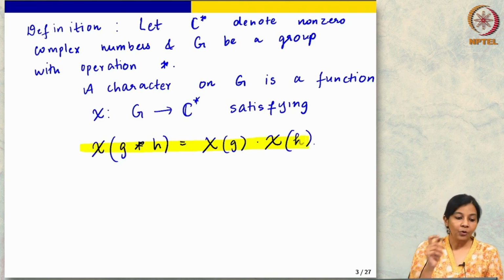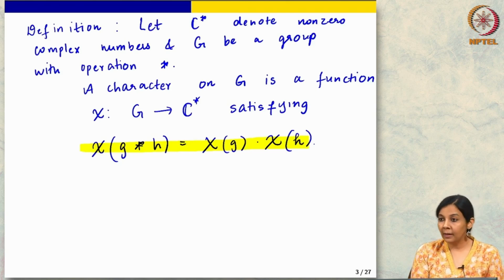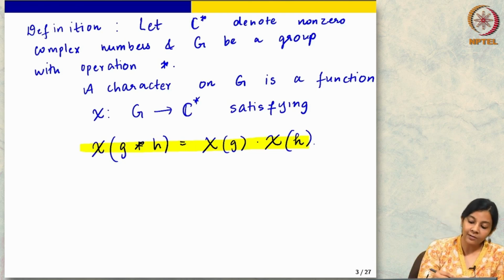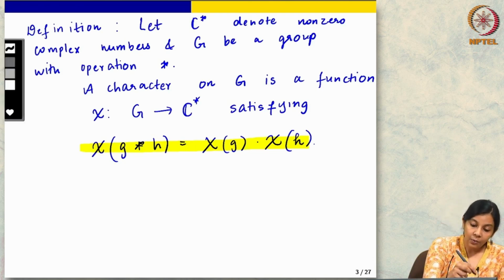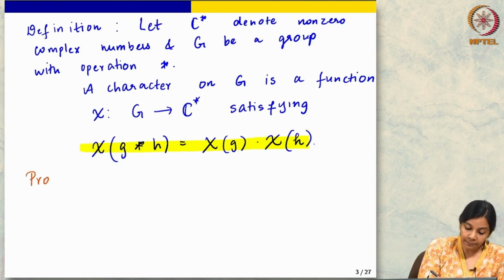Okay. So, this is the basic definition of a character, and this is not difficult to see in our example of Z_2^n. So, let us in particular spend a few minutes looking at some of the properties of characters that we have already used.